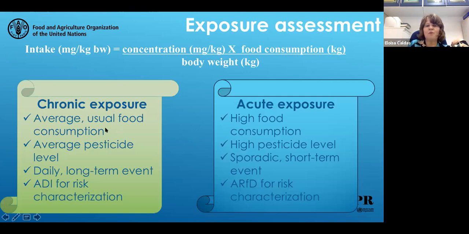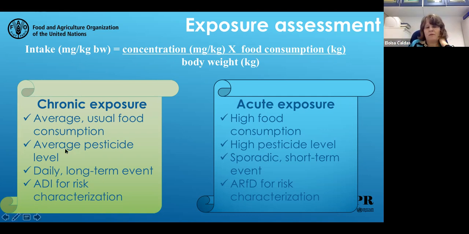So the chronic exposure actually should reflect the average exposure. Let's put it the other way around. The average exposure, and normally the usual food consumption of the population should reflect the chronic exposure throughout life.